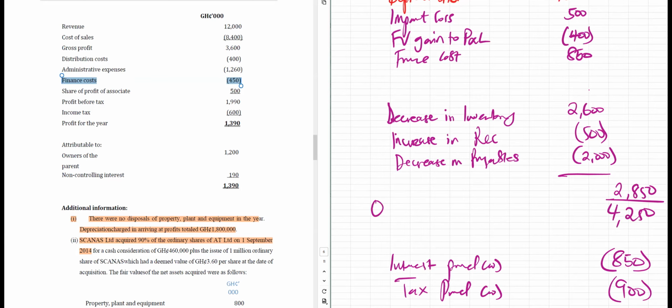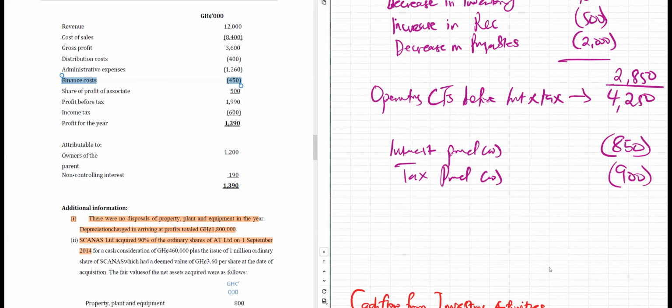And these are operating cash flows before interest and tax. So we take out our interest paid, we take out our tax paid, and then we end up with net cash flows from operating activity.